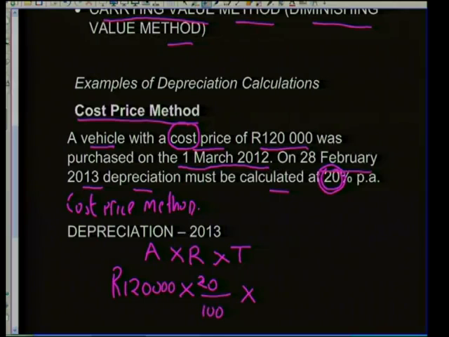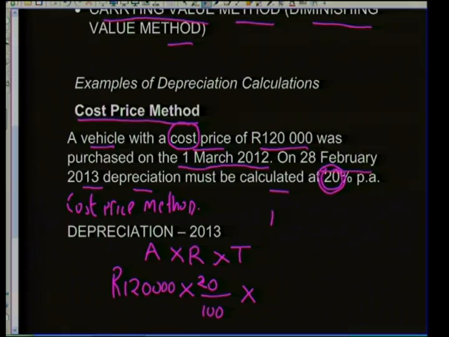And then time. Time refers to the number of months that this asset was used for this financial year. So if we look at the time, the asset was purchased on the 1st of March 2012, and this financial year ends on the 28th of Feb 2013.